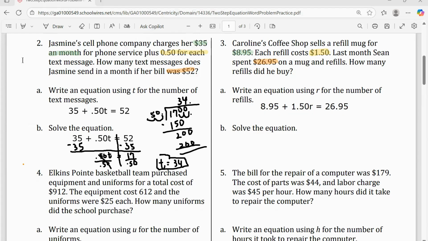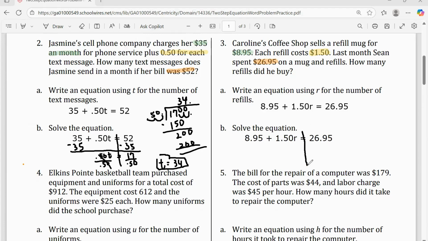Okay, not bad at all. All right, so now let's write that again. 8.95 plus 1.50R equals $26.95. Nothing else can be simplified for this one.